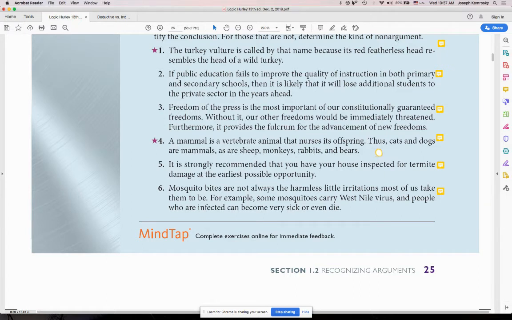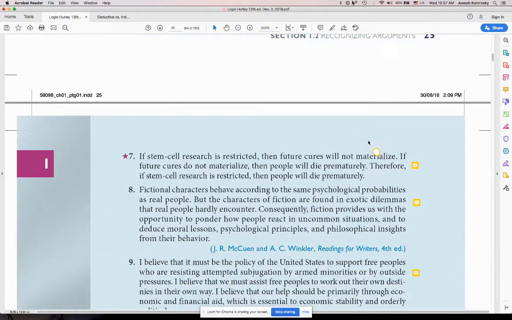Think about this one. Do you remember the section that talked about illustration? You have some sort of topic and you give an illustration or example of it. That's what's going on. And so thus is a conclusion indicating word, which means it's an argument or it's an illustration. You can go back and review that section.